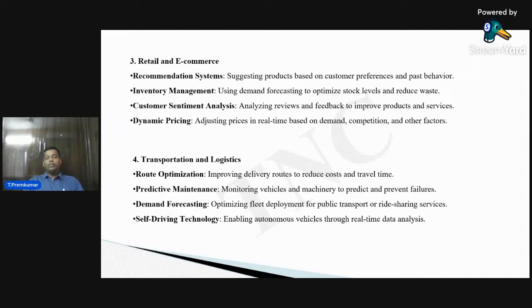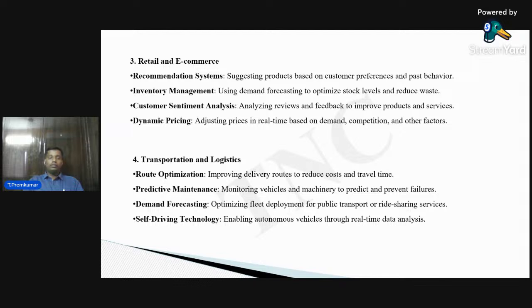Then customer sentiment analysis, analyzing reviews and feedback to improve products as well as services. Dynamic pricing means dynamic adjustments in real time based on competition and other factors.